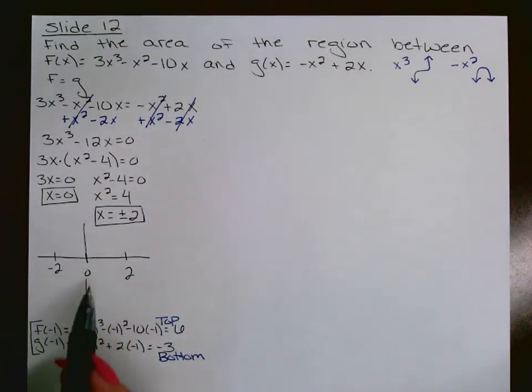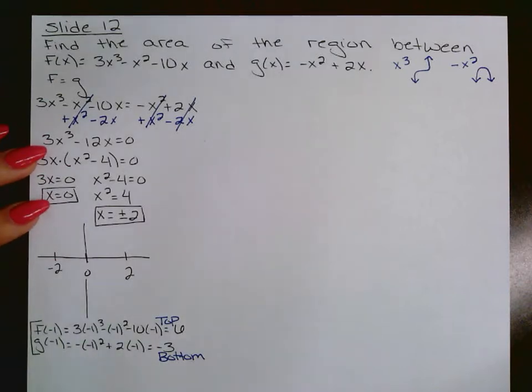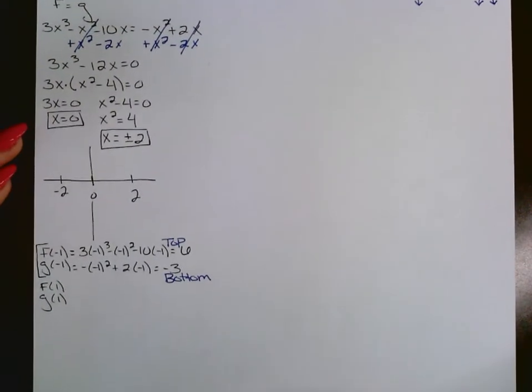For my right portion, what number do I want to pick that's easy between 0 and 2? 1. So go ahead and plug in f of 1 and g of 1. And I'm going to move this paper up for a moment, then I'll go back down.